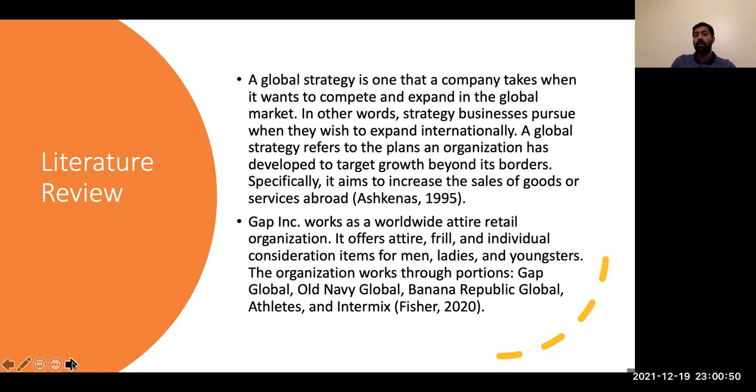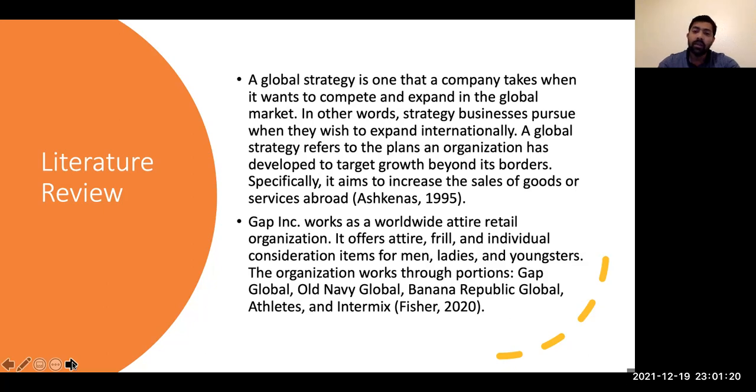Literature review. I'm going to start with some brief history about the strategy and also the company Gap. A global strategy is one that a company takes when it wants to compete and expand in the global market. On the other hand, business strategy is what businesses pursue when they wish to expand internationally.